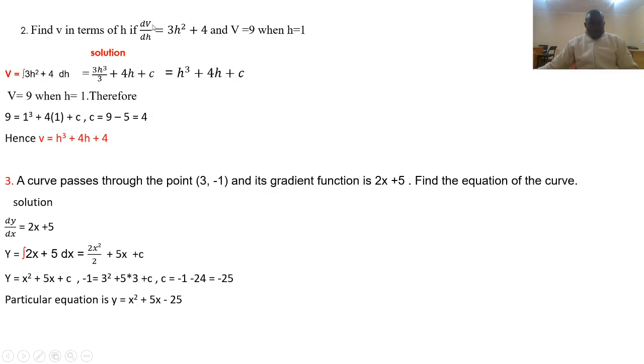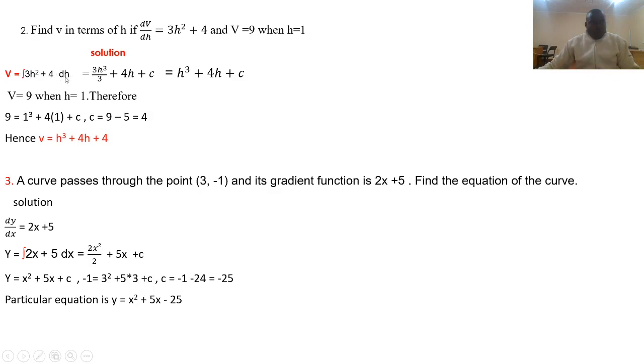That means v will be equal to the integration of 3h squared plus 4 with respect to h, which is the same as 3h cubed, because 2 plus 1 is 3, over 3, plus 4h, because h has a power of 0 plus 1, it remains h to the power 1 over 1, which is h.